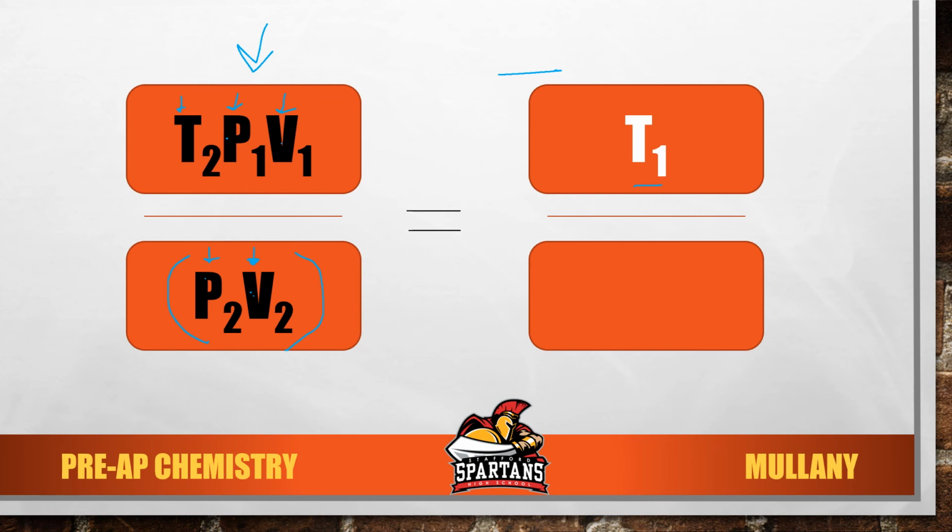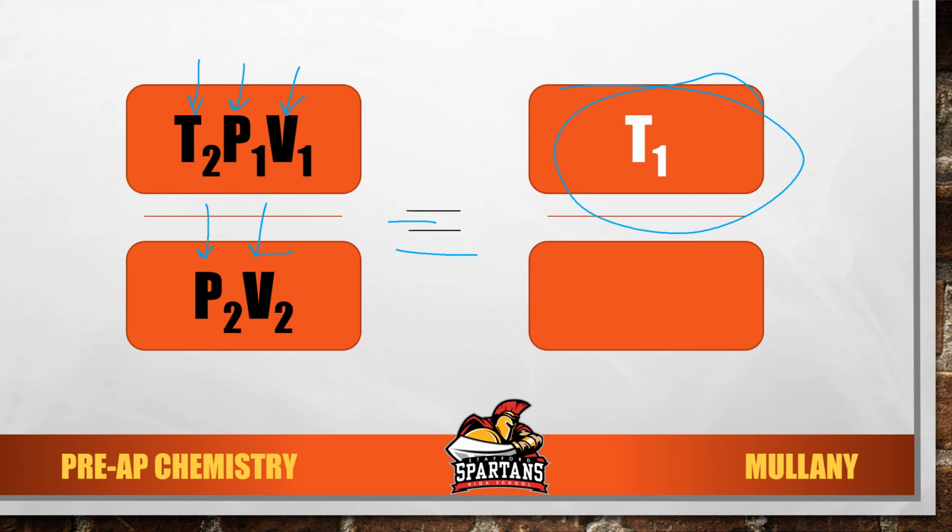But here's why. As a reward to you for listening this long, I will give you a pro tip. Here's how you can do this properly in a calculator without having to use parentheses. Take T2 times P1 times V1 divided by P2 divided by V2 equals whatever the calculator says is your answer.